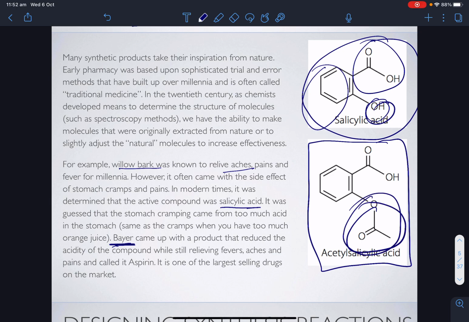So they did an esterification on this alcohol, and they did trials and found it has exactly the same pain relieving effects, but it's not as acidic as the salicylic acid, and they marketed that as the brand name aspirin, okay? And it's one of the largest selling drugs on the market. So they found inspiration from nature, they changed the molecule slightly to get rid of side effects, and now they're not growing willow bark, they're making this molecule from smaller molecules, okay?